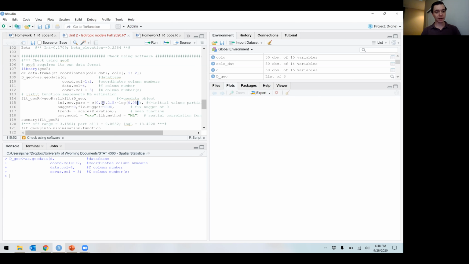By the way, our initial guess for phi is 0.083, because negative log 0.05 is approximately 0.083. I am setting the nugget equal to 0, and for this exercise, I'm fixing the nugget at 0. I'm specifying the trend as being defined by centered and scaled elevation. I'm specifying the spatial covariance as exponential, and I'm performing maximum likelihood.